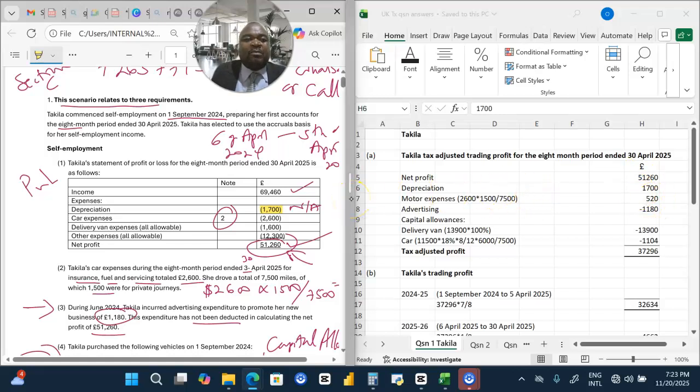Then on the motor vehicle expenses, we say that part of the expenses was private. So we need to add back the private part.